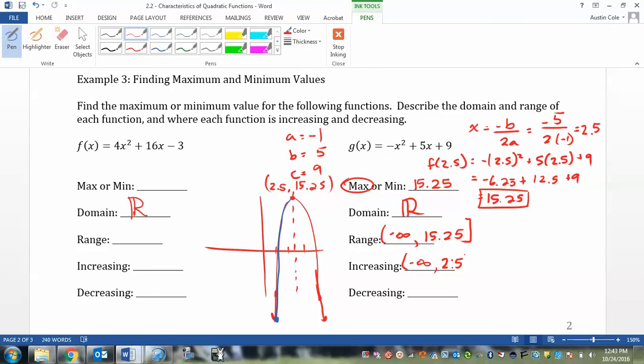Now, are we increasing at 2.5? No. At 2.5, it's the top of the hill, if you will. We're not increasing, we're not decreasing, it's 0. So when I say 2.5, am I including 2.5? No, therefore we need to have a parenthesis instead of a bracket.